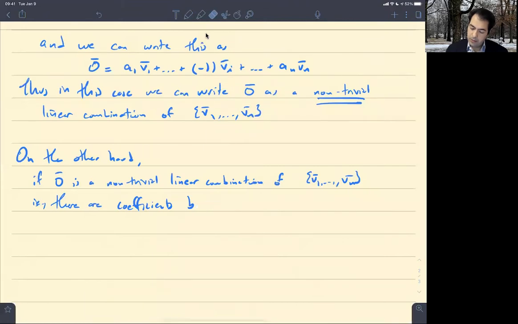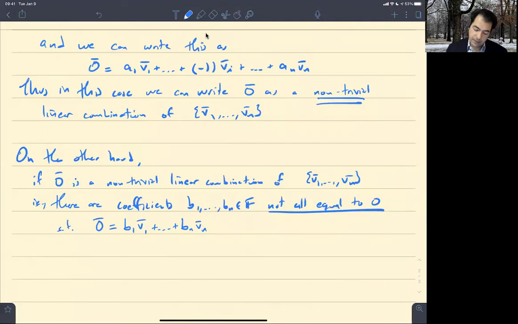Here, let's spell that out: b1 through bn in the field, not all equal to 0, such that the vector 0 is equal to b1 v1 plus dot dot dot plus bn vn. Then this set of vectors is linearly dependent.